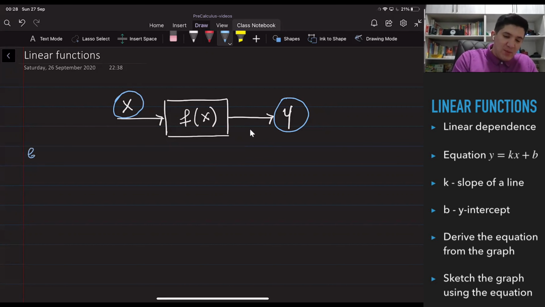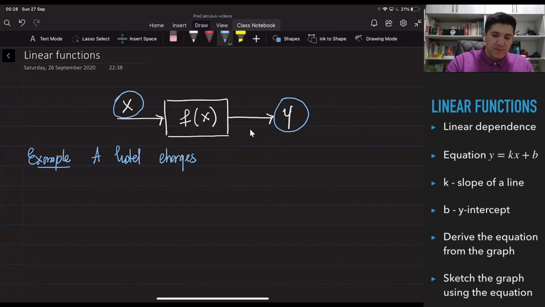So the first example. Let's say a hotel charges $20 per night.